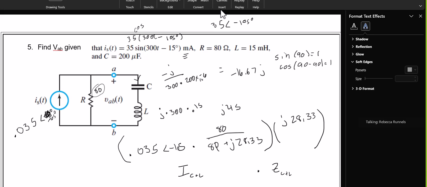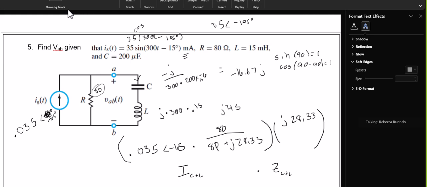So what is my problem? Well, I could copy the problem correctly.